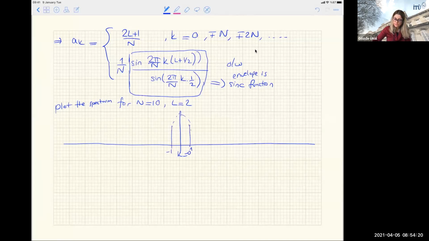Typically it's something like this, but it has to repeat, of course, so it's going to be 10, minus 10, repeating itself. I think at 2 it goes through 0, at 3 comes here, 4 again goes through 0, and 5 is here. So it should be 6, 7, so I should have that. And then we go back to repetition.